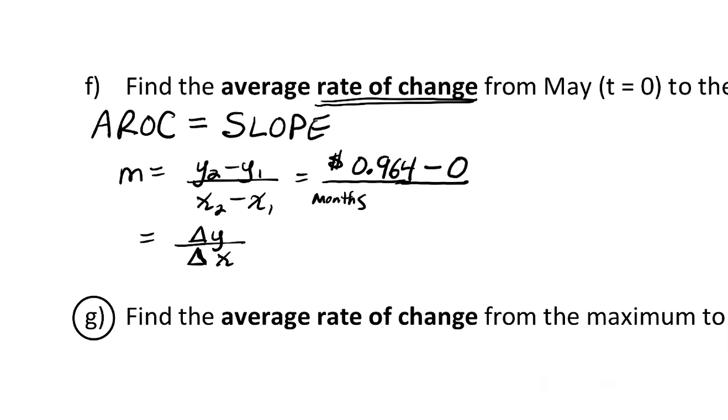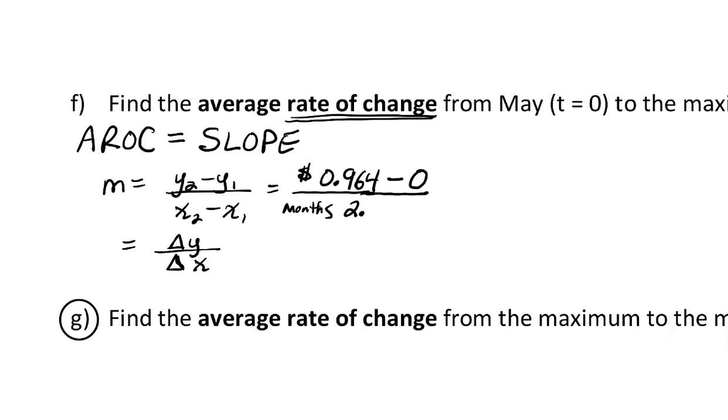And for months, it occurred at 2.785 minus 0. Again, these are zeros because at t equals 0, the dollar amount was 0. There was no increase. That was just our starting point. That doesn't mean that the gas was free. That means it's just our starting point, and from there we check the increase and the decrease.